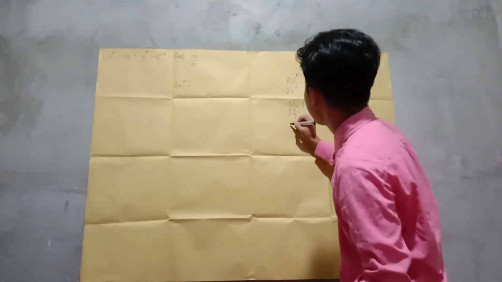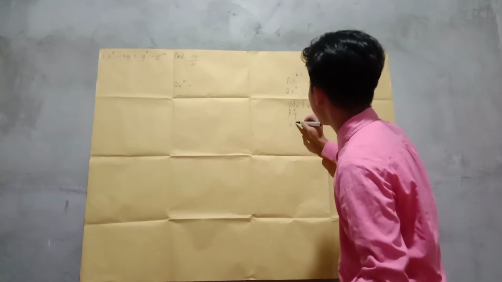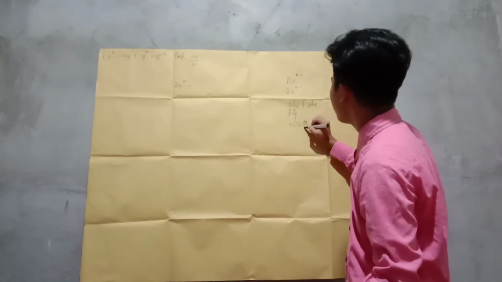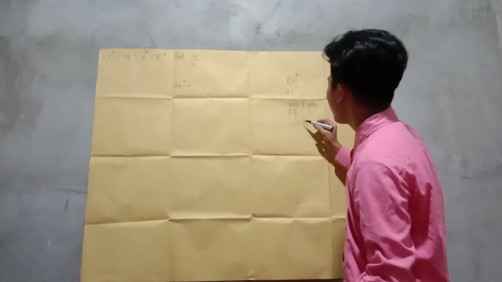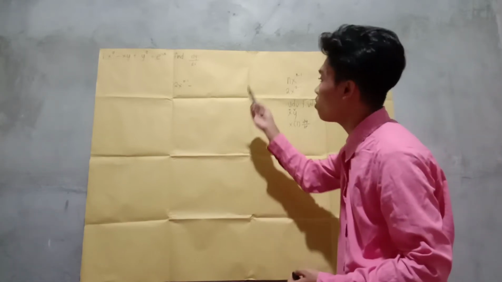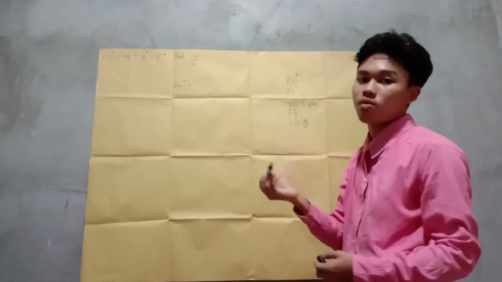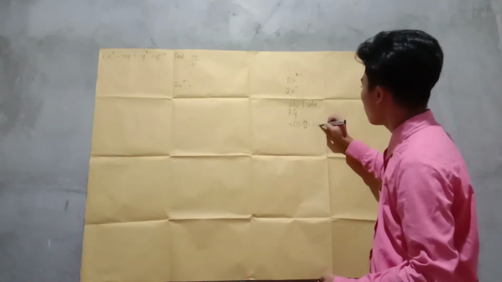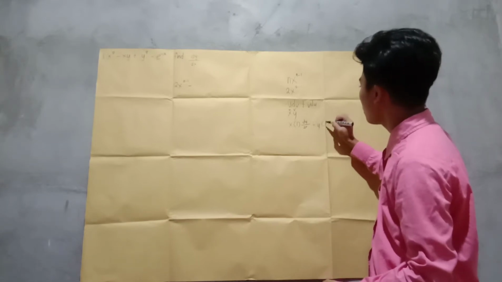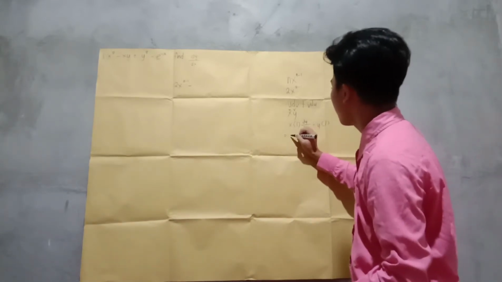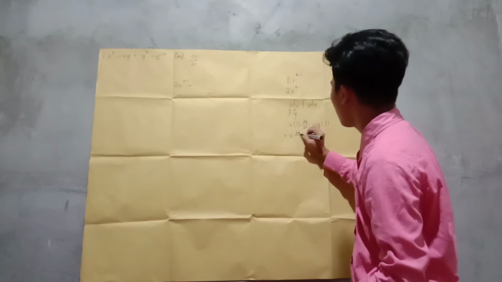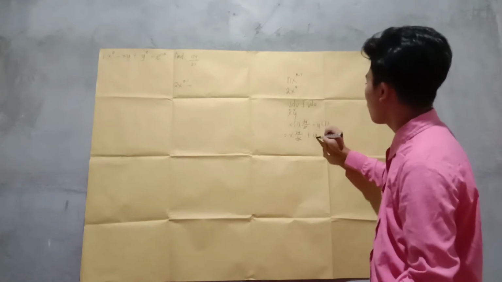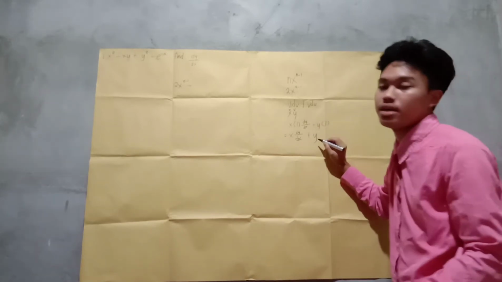So the derivative of u is 1, and the derivative of y is dy over dx. I put dy over dx because we are finding the derivative of y with respect to x, plus our v is y, times the derivative of u, which is 1. So it will become x dy over dx plus y times 1.